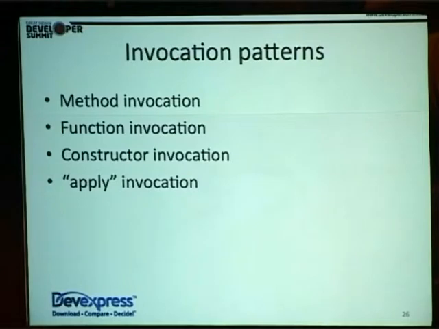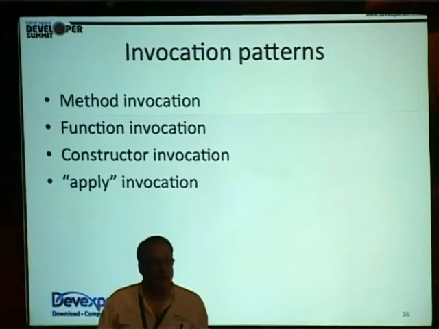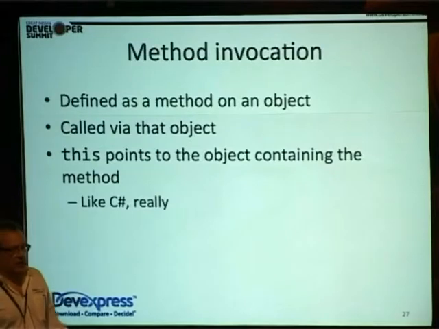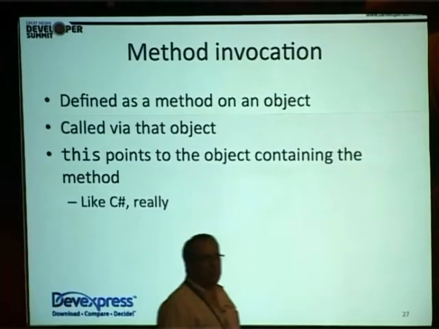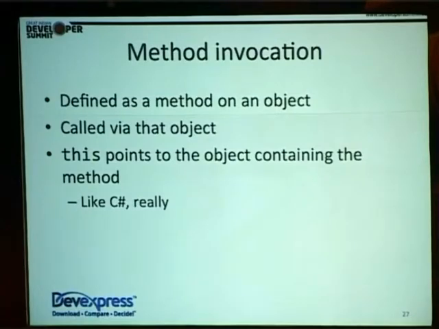As I say, there are 4 invocation patterns: method, function, constructor, and the apply invocation. We'll quickly go through these. Method invocation is the one we're all used to in C#, because all methods are defined on a class. If they're static, then you call that method through the class name. If they're not static, then you have an object, and you call the method through the object.